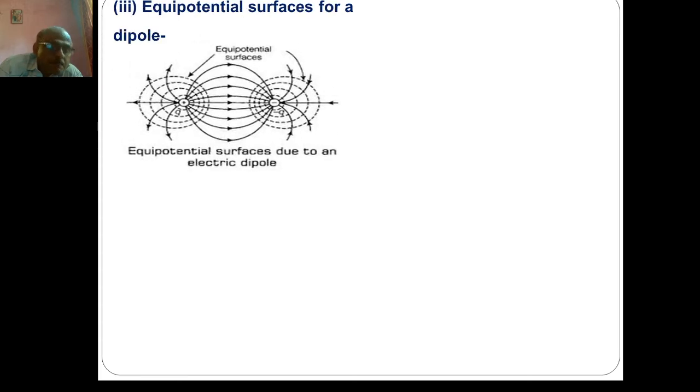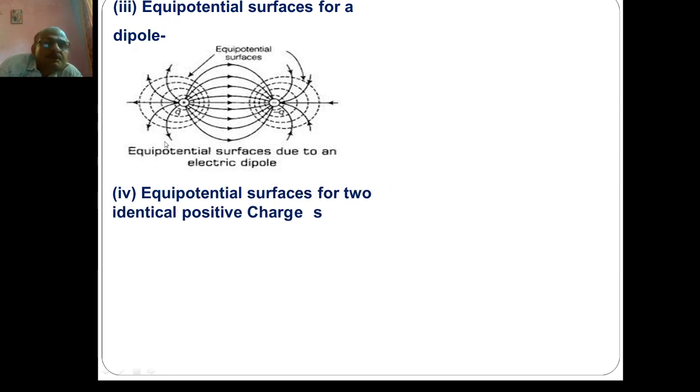Next, the equipotential surface for a dipole. For a dipole, with a positive and a negative charge, field lines originate from the positive charge and end on the negative charge.